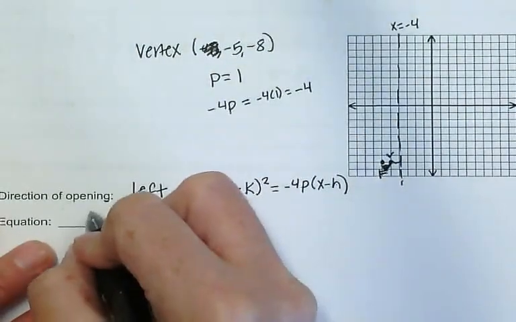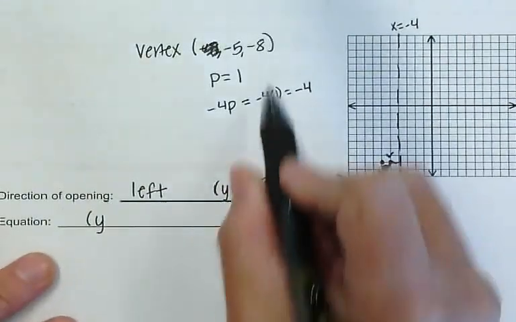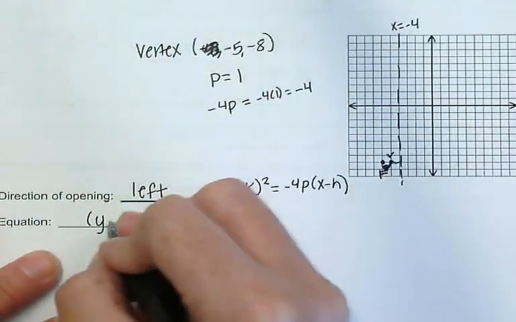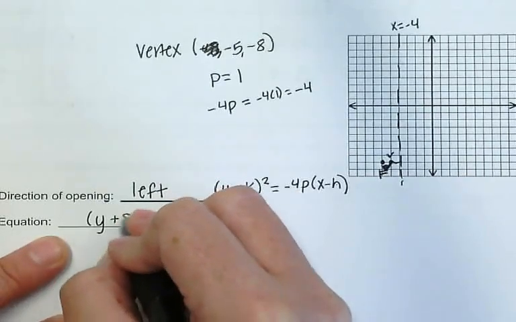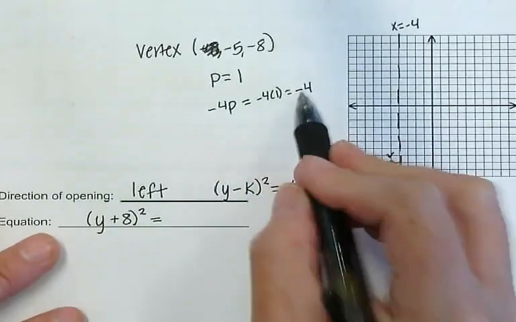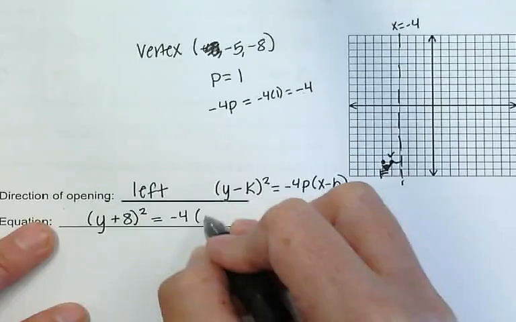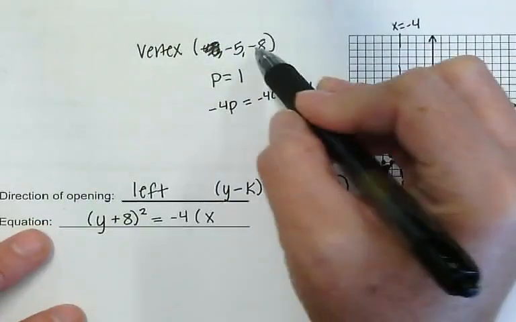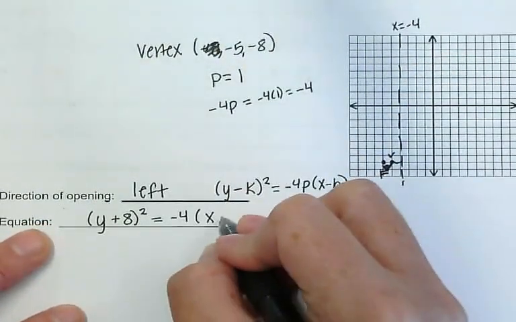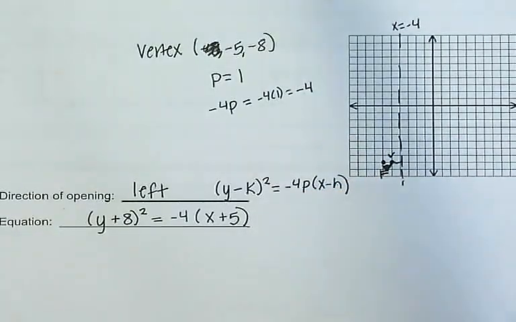So my equation: y, so k, the value of the vertex, -8, so y minus a -8, so y plus 8 squared is equal to, well, -4p is -4, times x minus h. Well, your h is -5, the opposite of -5 is +5, so there's your equation.